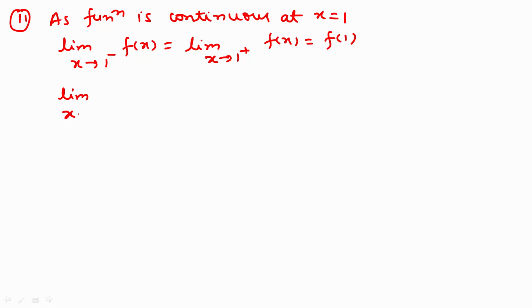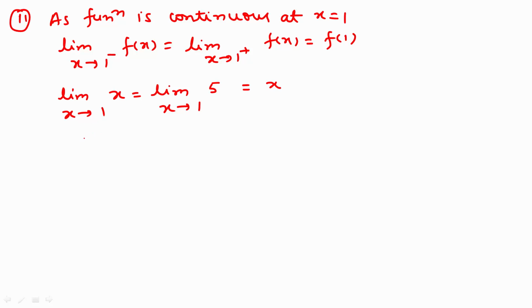Limit x tends to 1 minus, the function will be x, is equal to limit x tends to 1 plus, where x is greater than 1 and we take the function 5, is equal to f of 1, where x is equal to 1 and we take the function x.